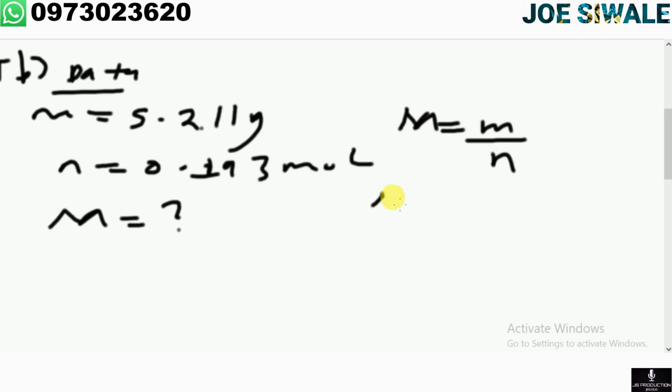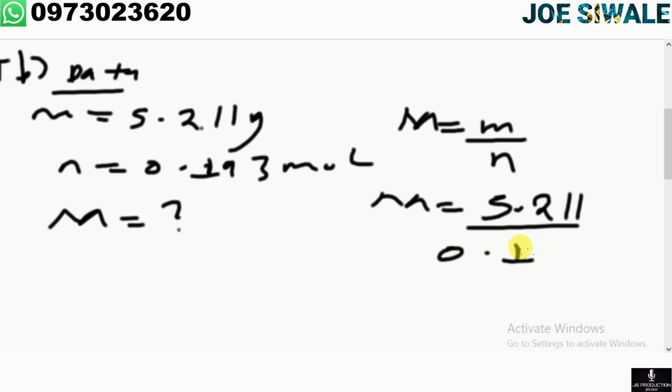Molar mass is equal to mass, I'm having 5.211 divided by number of moles, that's 0.193. So here the molar mass is equal to 5.211 divided by 0.193, that's 27 gram per mole.